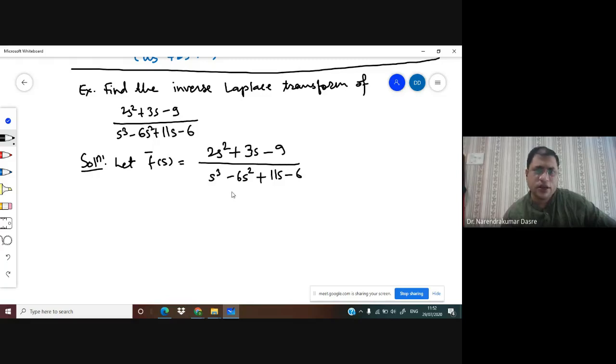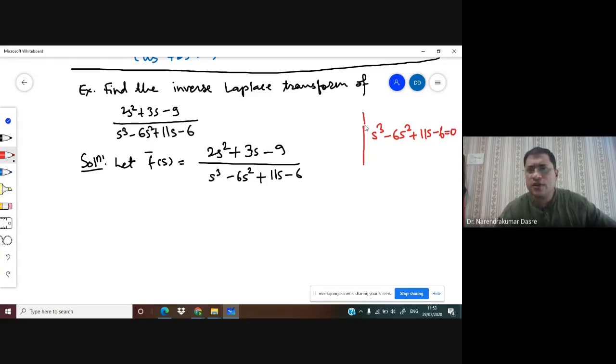Now our first task is to find out the factors of this. What I'll suggest is to use your calculator. Your calculator can solve a cubic polynomial. So find out the roots of s cube minus 6s square plus 11s minus 6 is equal to 0.